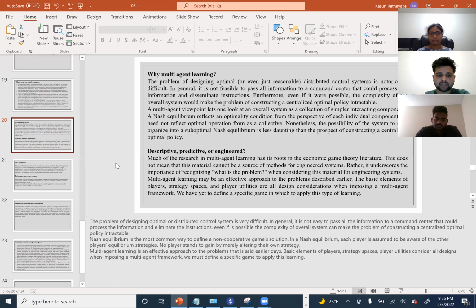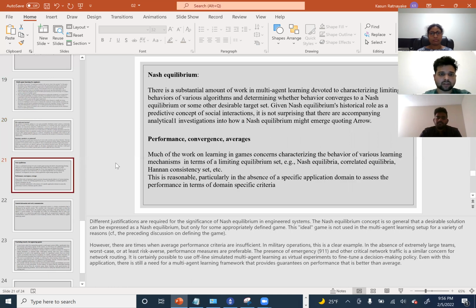Basic elements of players, strategy spaces, and player utilities must all be considered when imposing a multi-agent framework. We must define a specific game to apply this learning. And coming to the Nash equilibrium, different justifications are required for its significance.